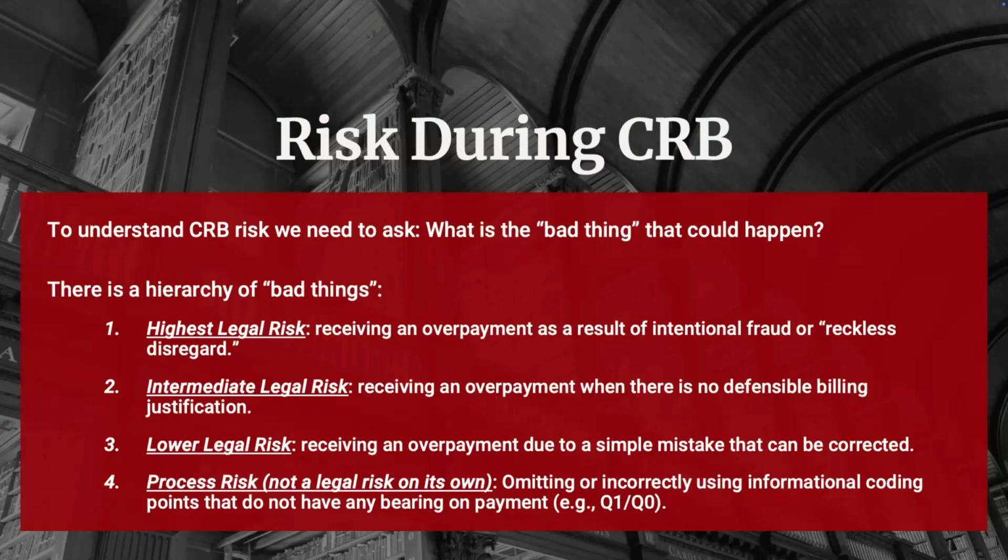That money that you receive from a federal health plan is not an overpayment if you screw up these informational coding points. So that's more of a process risk that doesn't generate a legal risk on its own. So this is the hierarchy under the False Claims Act, and those process risks are the lowest on that hierarchy.